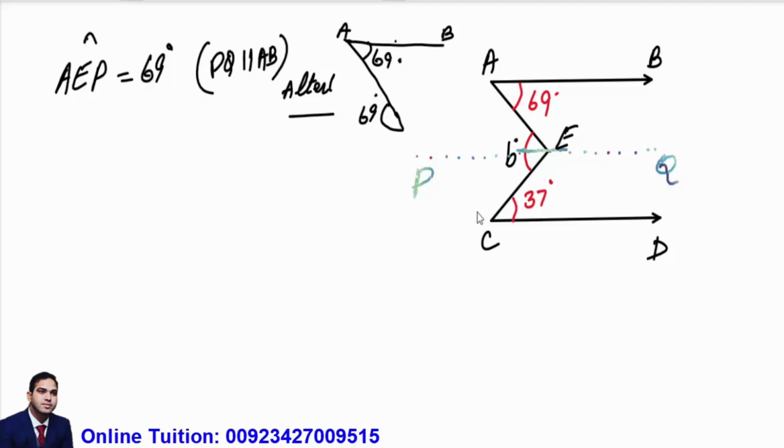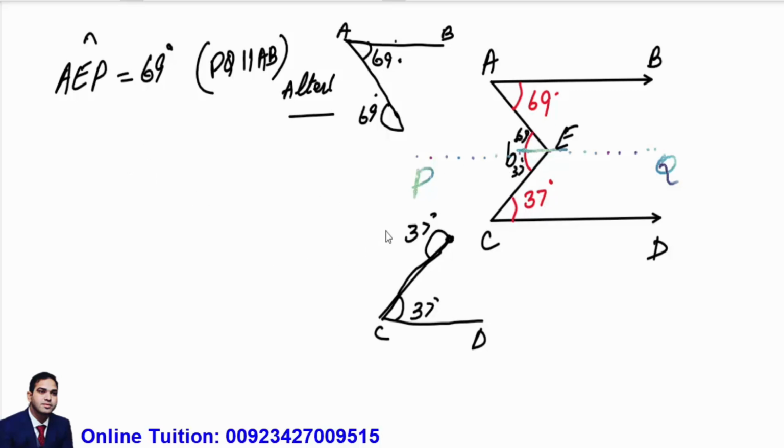And after that CEP, we have a side like this, and we have angle 37, C angle. Okay, this is D. At this point this is an alternate angle, so this will also be 37, which means this is 37 and this is 69.